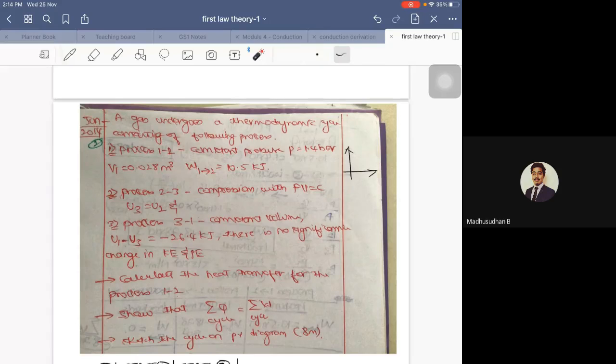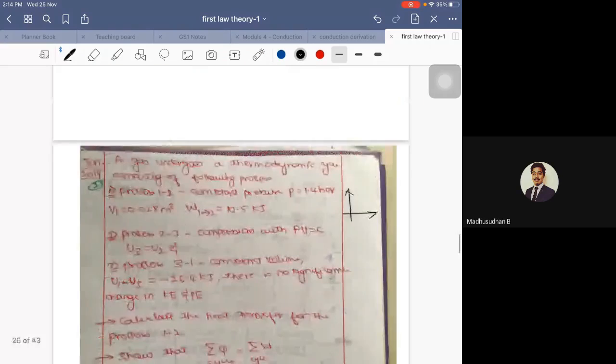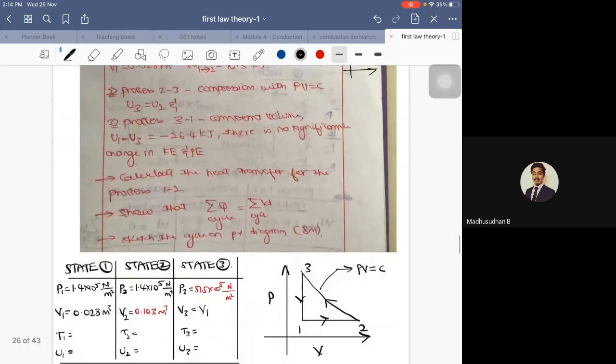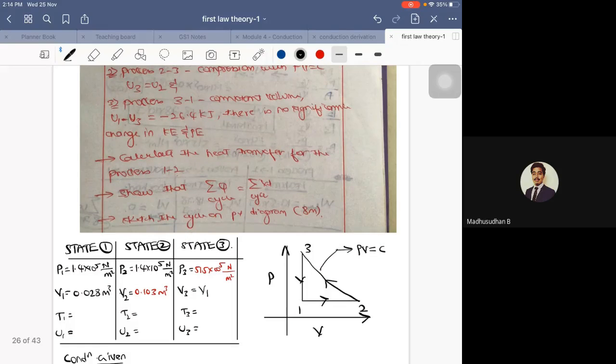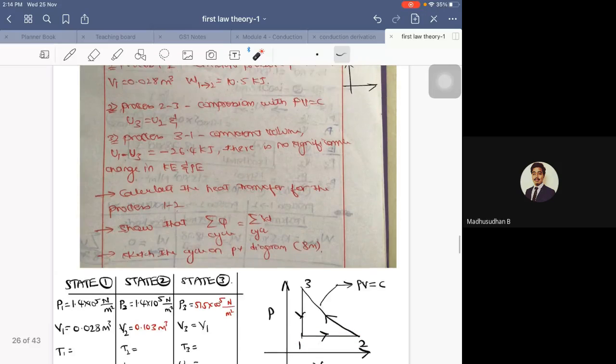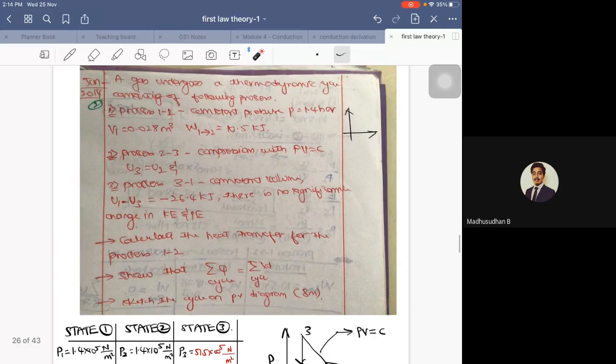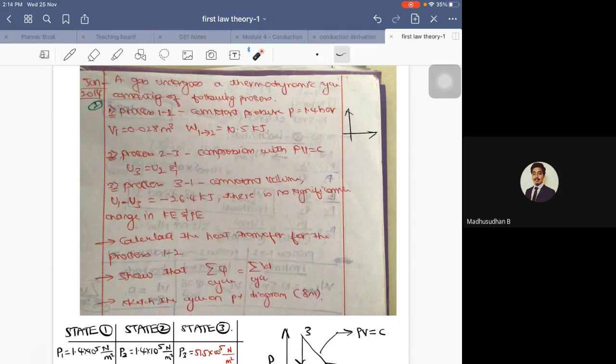Isobaric. So that means the process from 1 to 2 is an isobaric process, like this. Okay. Next, process 2, Aditya.